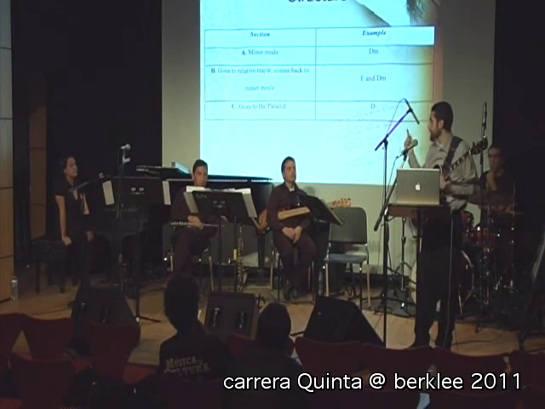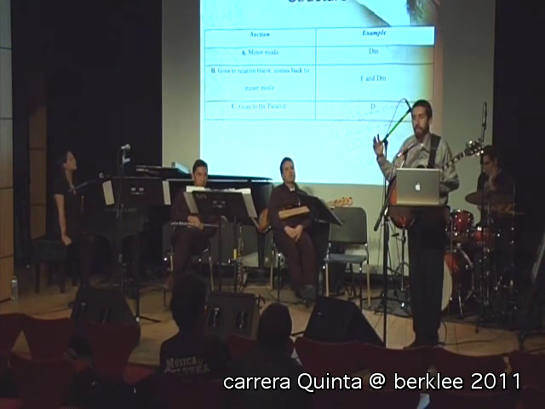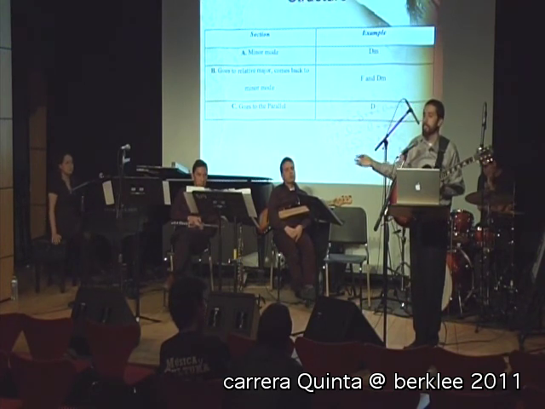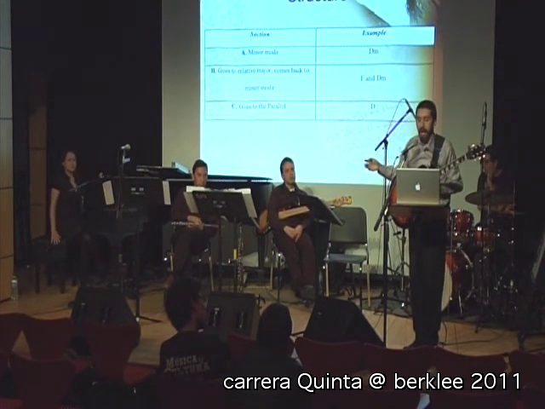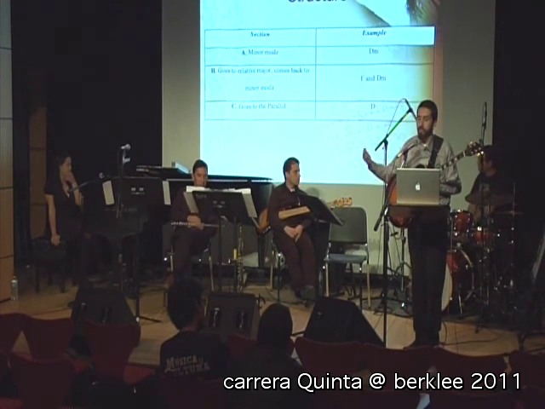So, the structure. There's something I was mentioning about what is general in this style from this region. Sometimes in this music there is something very used in the structure.